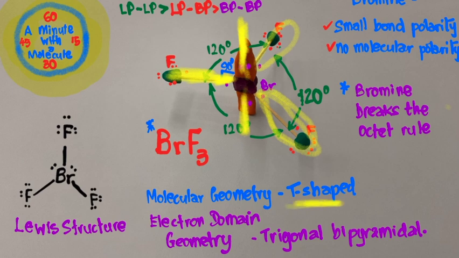In terms of molecular geometry, that's not considering these lone pairs. But when we consider the lone pairs, then we would essentially still have a trigonal, which is these 3 points, bipyramidal structure. So this is why we say that BrF3 has T-shaped molecular geometry and trigonal bipyramidal electron domain geometry.